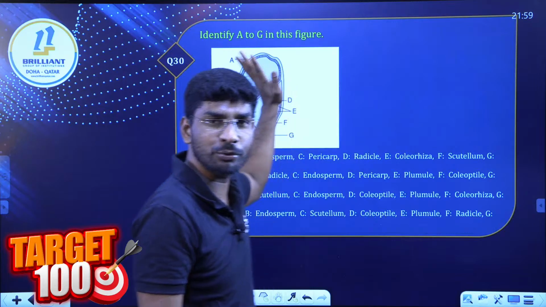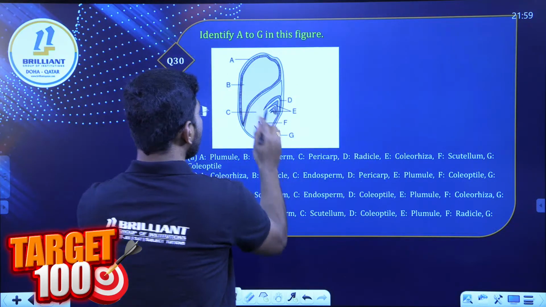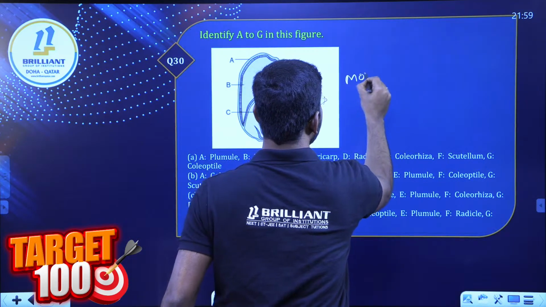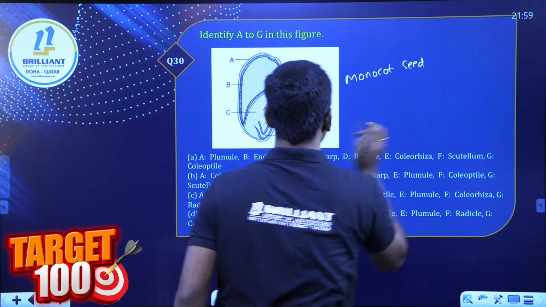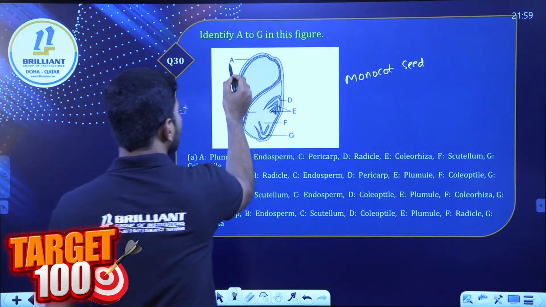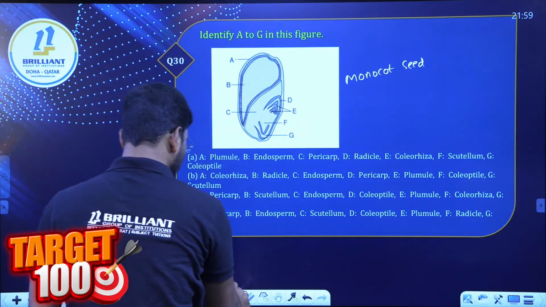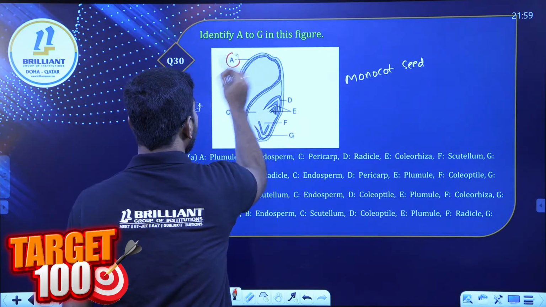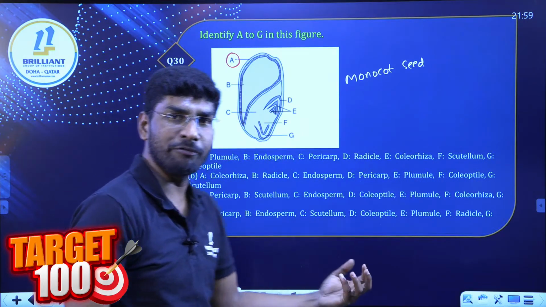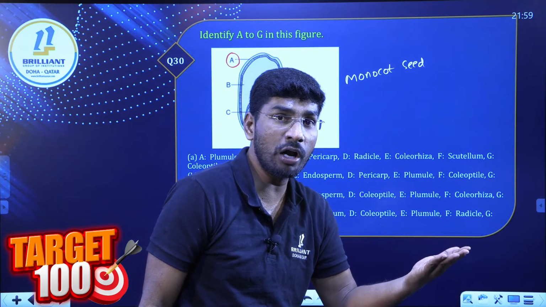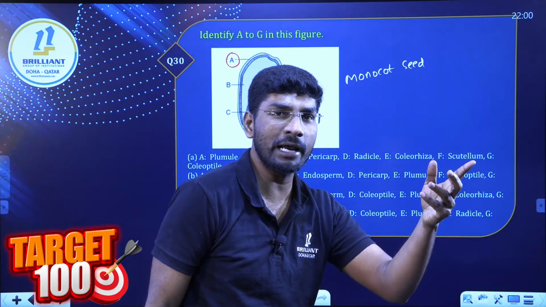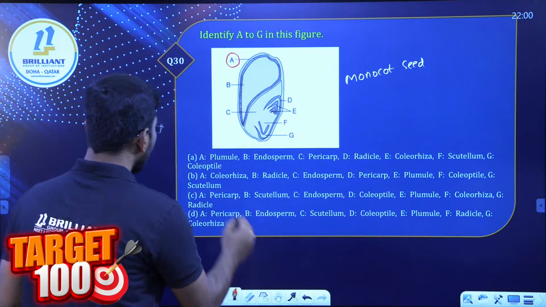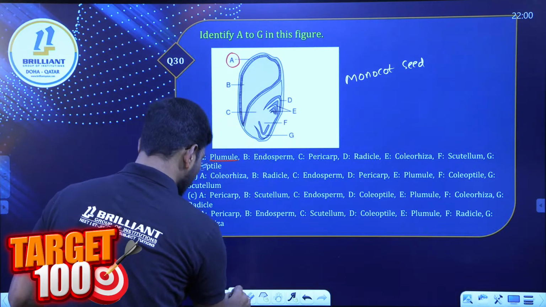What is the answer of this question? I will cross check now. This is a monocot seed. Option A, I can write seed coat, fruit wall. Fruit wall is also called pericarp. Now option A has plumule, it's not correct, leave it.